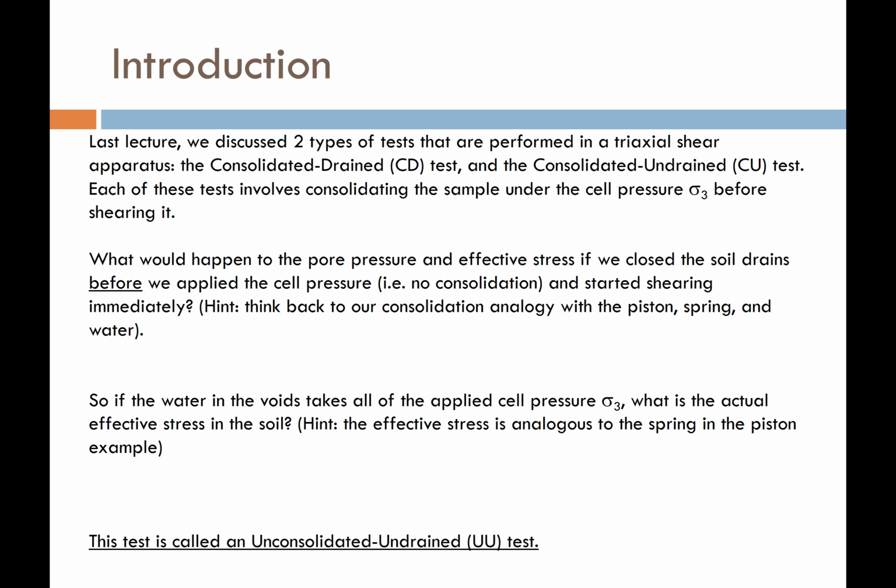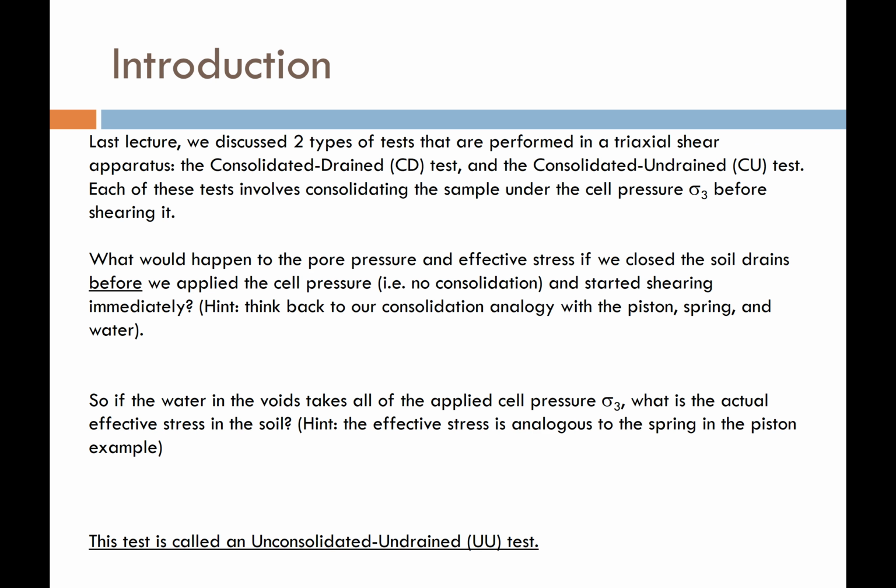We don't allow any water to leave the soil, and we do not allow any water to come into the soil. As a result, pore pressure effects will build up in the soil as we're shearing it, but we're measuring those pore pressures. And so we can obtain from the CU test an undrained shear strength of the soil as well as a drained shear strength of the soil.